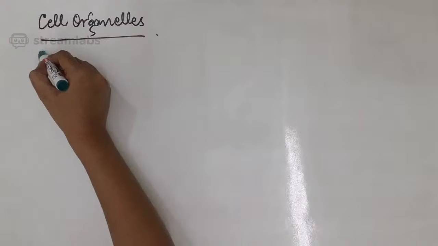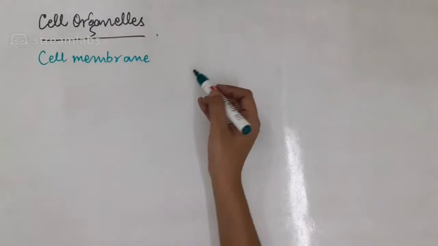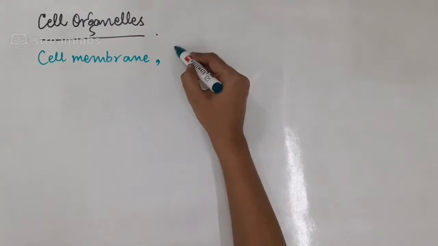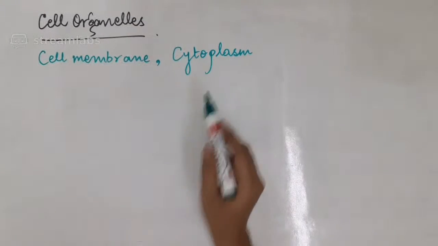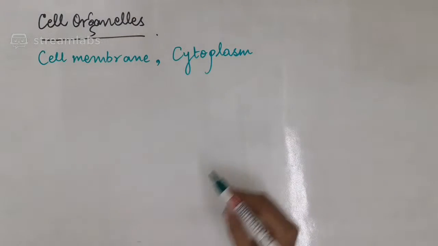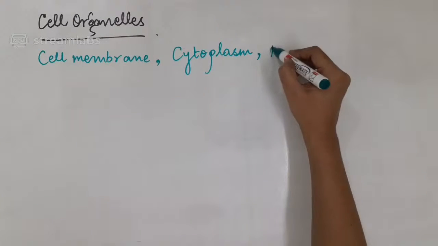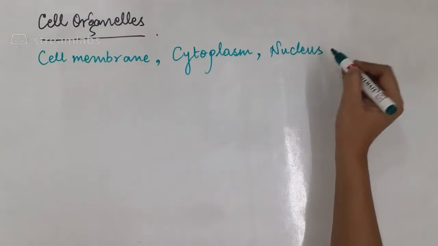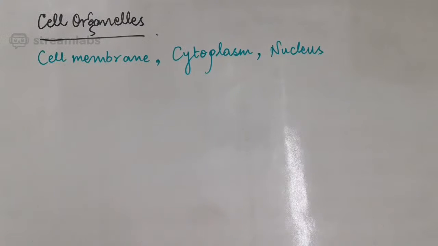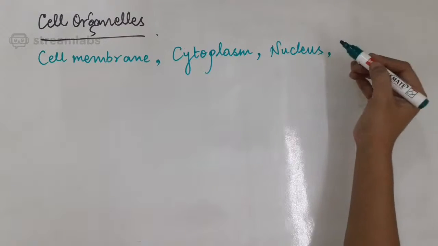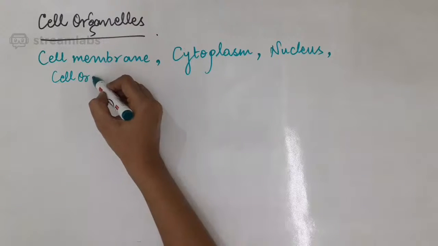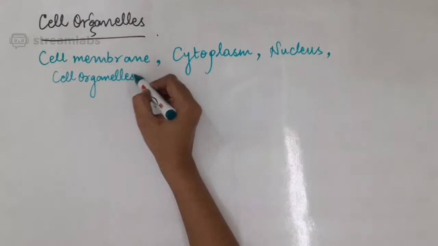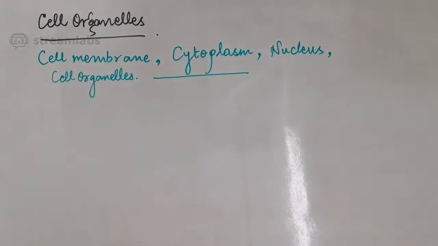We have discussed the cell membrane or the plasma membrane, also the liquid of the cell or cytoplasm, and the control center of the cell, that is the nucleus. Apart from them, tiny structures named cell organelles are present inside the cytoplasm.